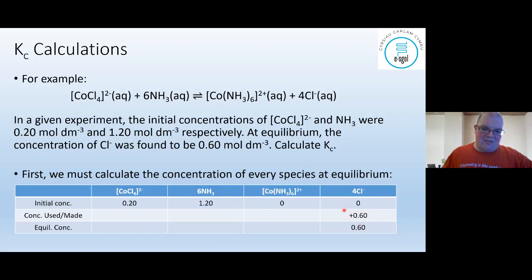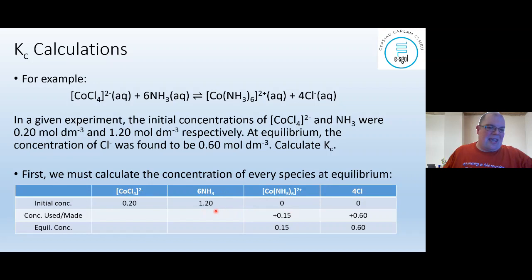We simply need to then divide 0.60 by 4, which means that we have made 0.15 moles per dm cubed of this new species here. Okay, and so if we've added that to 0, then our equilibrium concentration is going to be that value. Okay, so it's 0.15.